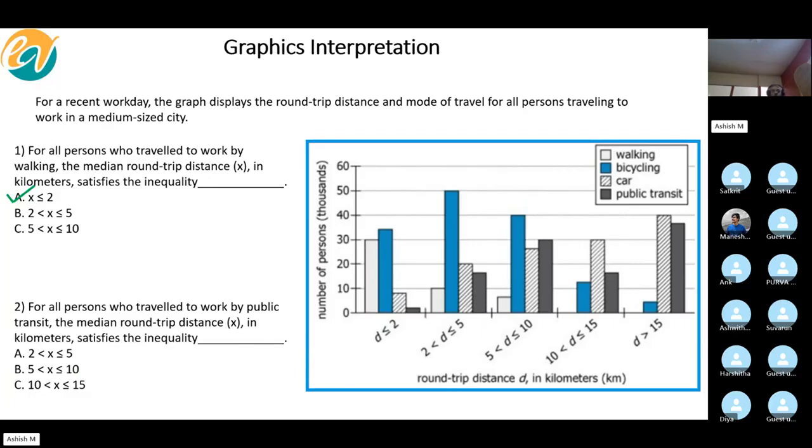All right, now it's talking about public transit, which would be, by the way, the black one, right? Public transit is this one. So again, here, what do we do? Same thing, lesser than equal to 2, how many people?